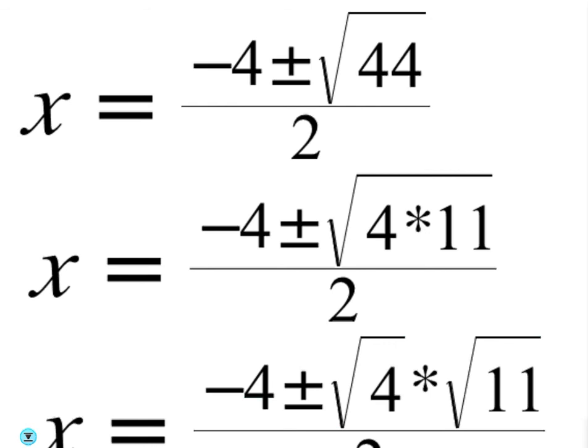All right, so let's talk about breaking down radicals. When you're breaking down a radical, you want to find a perfect square that goes into it. Let's talk about perfect squares for a second. 1 squared is 1, 2 squared is 4, 3 squared is 9, and we got 16, 25.